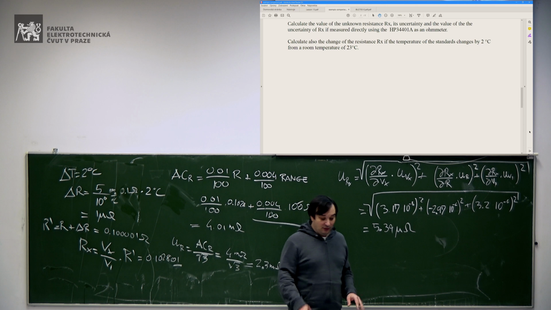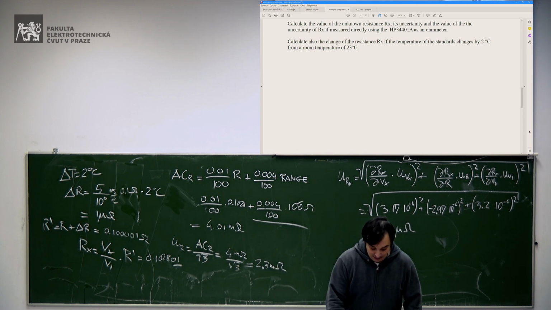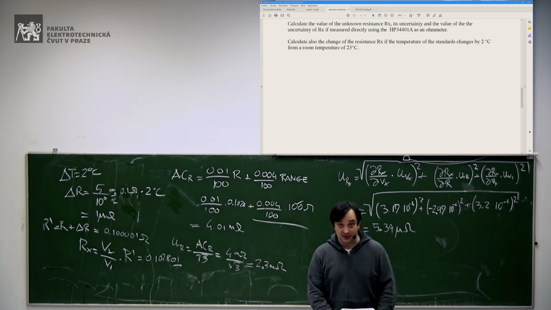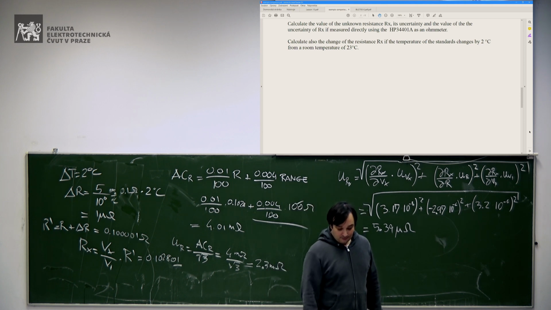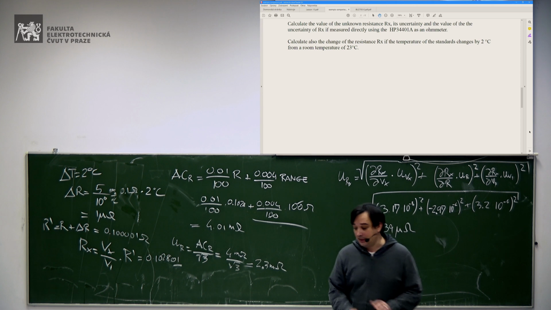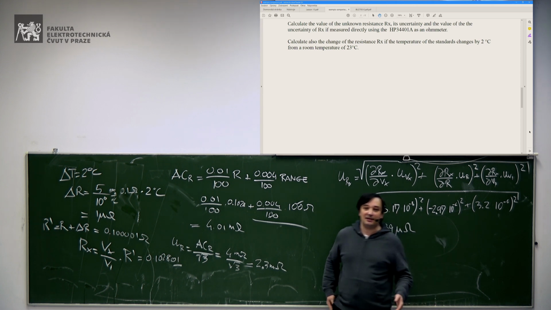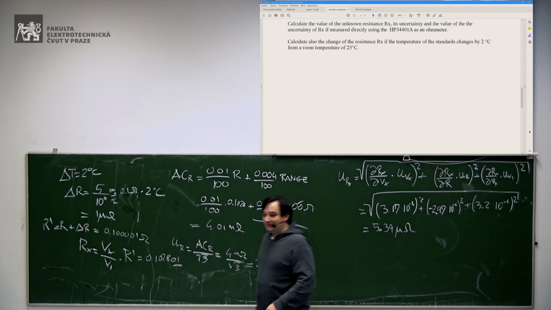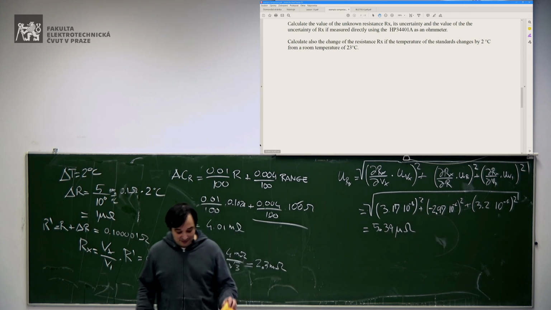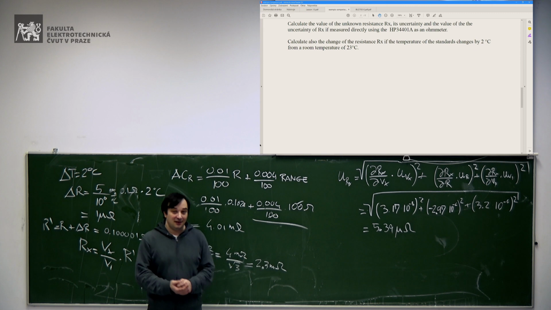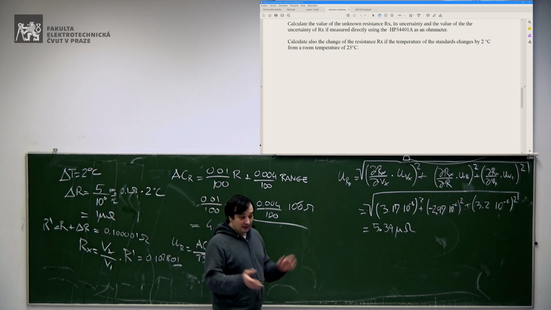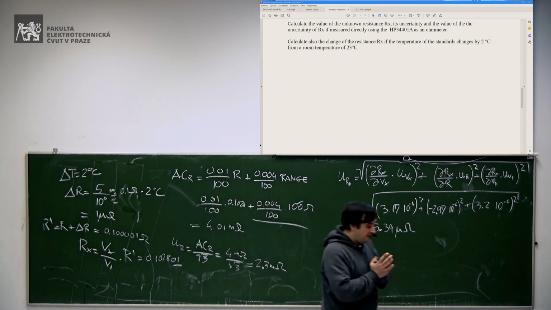So be careful about not having large changes of resistance, because then you go to values of resistance that can be comparable with your uncertainty, okay? Otherwise, you have a very nice standard, but then the effect of the temperature is larger than the uncertainty itself of the standard. Okay, that is everything for today.